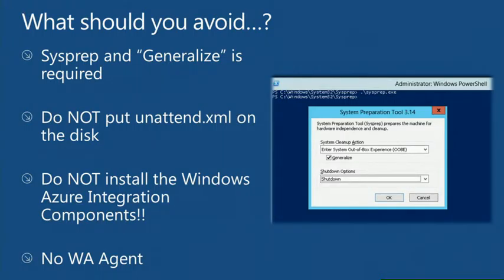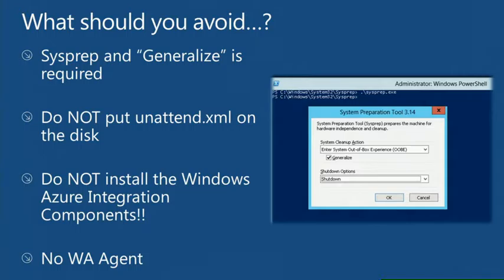If you're familiar with Windows Azure today, how many people are familiar with Windows Azure and the VM role today? Okay, unfamiliarize yourself with it. You do not want to put that agent from the VM role on these. If you're not familiar with it, forget I mentioned anything. And the final point, the reason why we're using sysprep for this, is that there's no agent required.